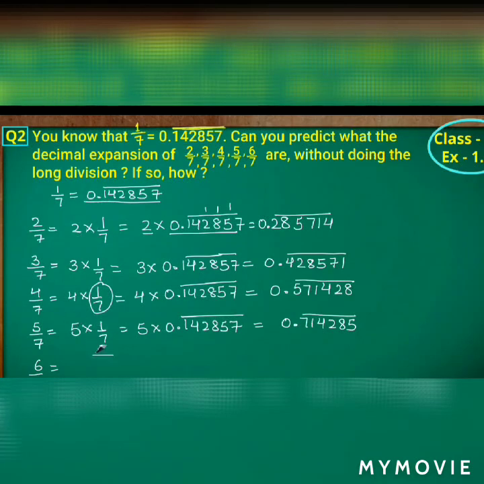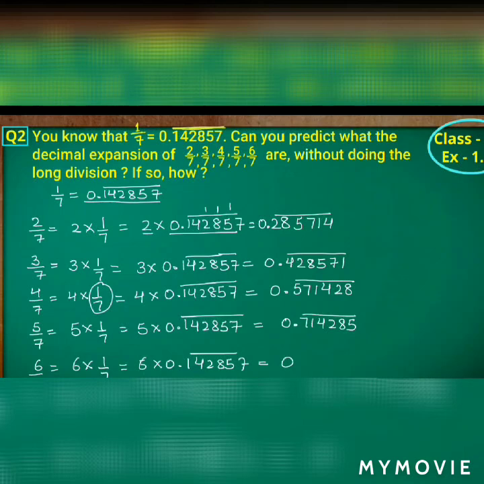In the same way, 6 by 7. The only thing is here you have to multiply the whole numbers with 1 by 7, that is 6 into 1 by 7, which is equal to 6 into 0.142857 bar. So you will get the value 0.857142 bar.